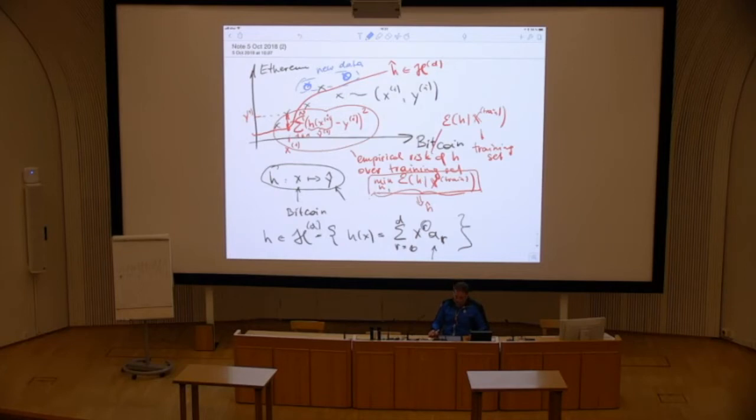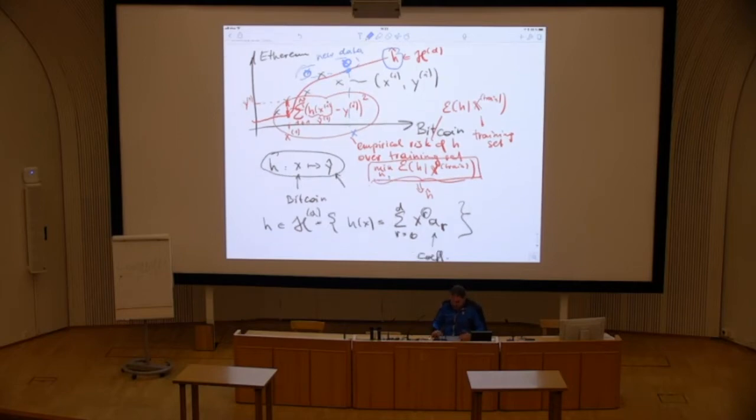Then I use exactly this predictor to plug in the Bitcoin price of the new data point, and I get a predicted Ethereum price. And the question now is, does the predictor also work well on this new data?